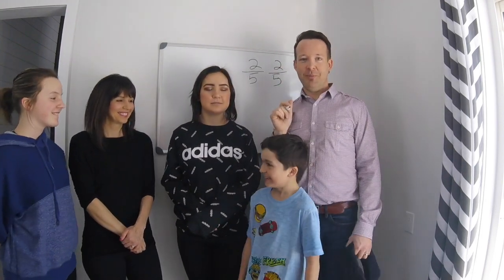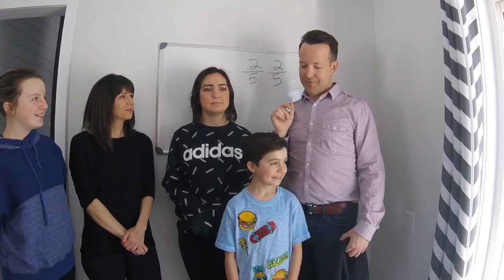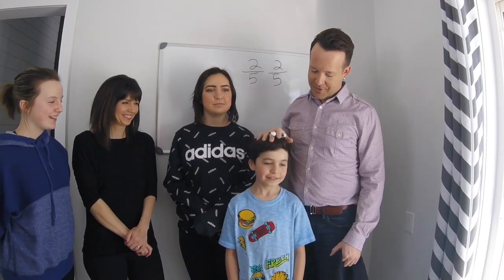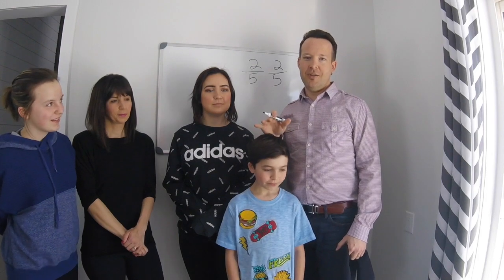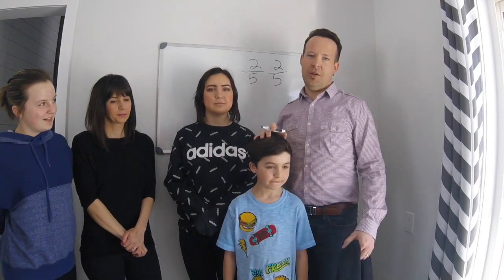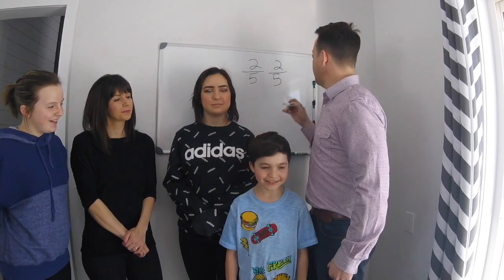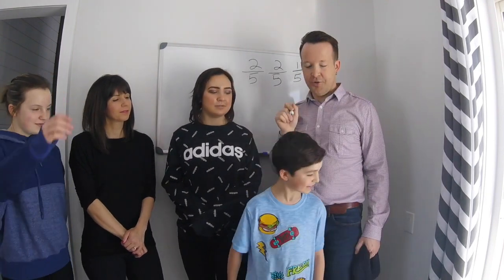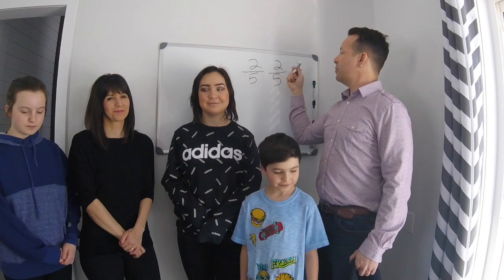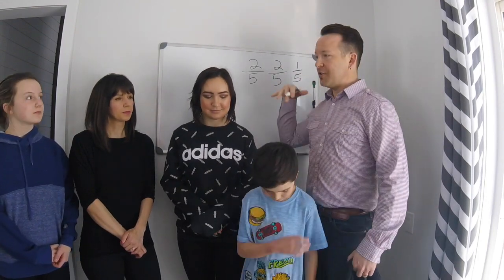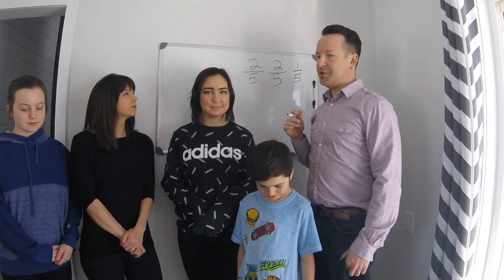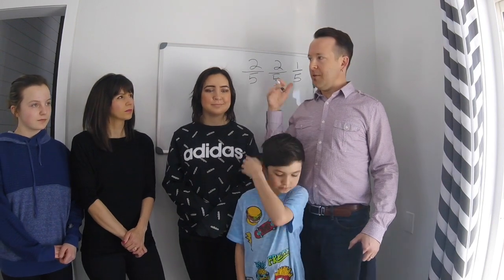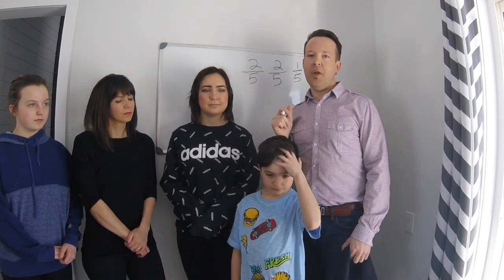But how many are under the age of 12? 1. Sorry, Jack, you're under the age of 12. I'm almost 12 at least. Enjoy it while it lasts. 2 plus 2 plus 1 is 5. There's still 5 members of my family. So you can break this up in any different way that you want to.